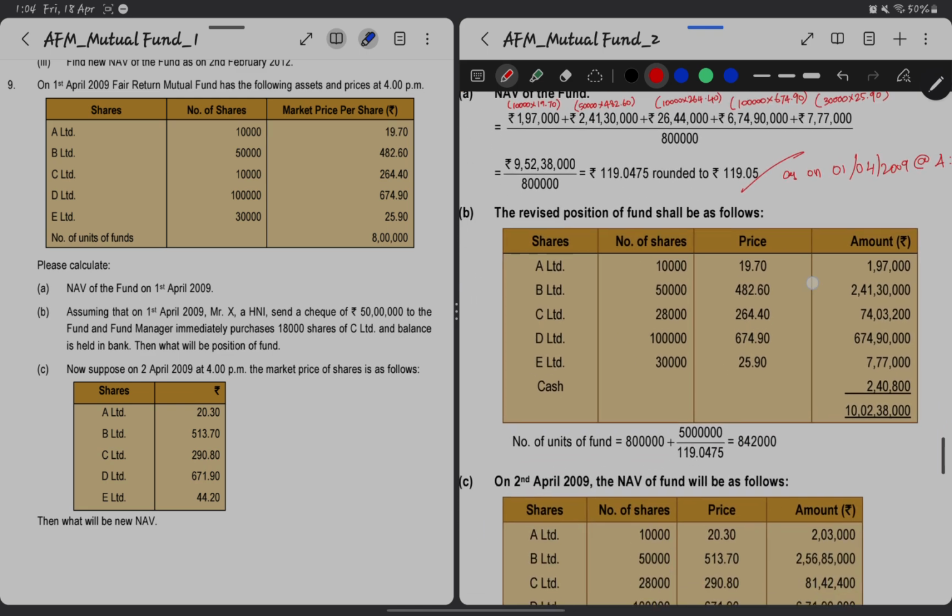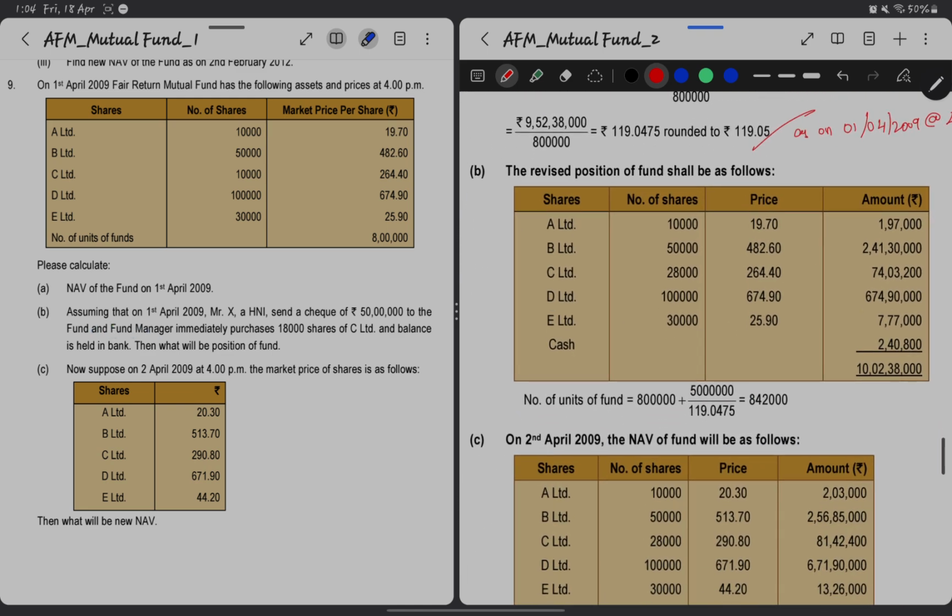Now going to the second requirement. Assuming that on 1st April 2009, Mr. X, an HNI, sends a cheque of 50 lakh to the fund, and the fund manager immediately purchases 18,000 shares of C Limited and the balance is held in the bank, then what will be the position of the fund?